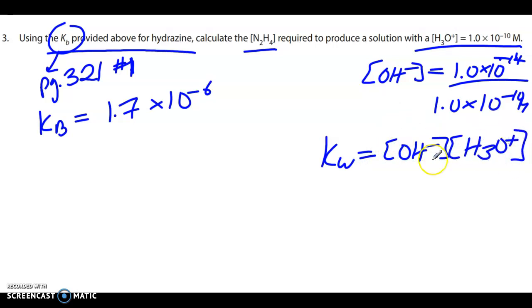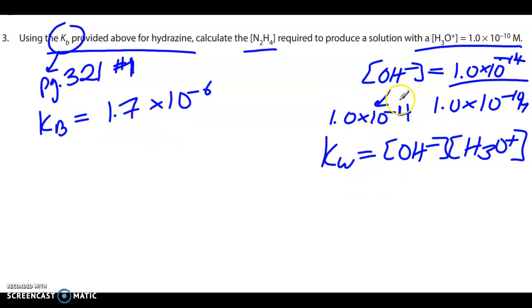Don't kill me. So using this expression, we have the concentration of hydronium, so to get hydroxide we can just rearrange that. So the hydroxide concentration ends up being 1.0 times 10 to the negative 4.